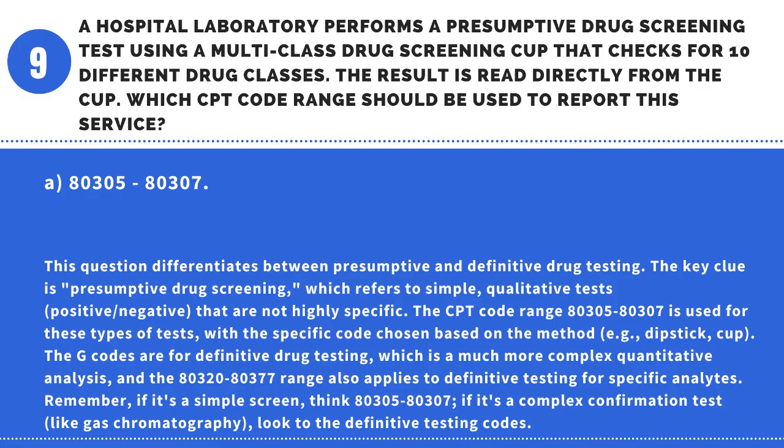The G codes are for definitive drug testing, which is a much more complex quantitative analysis, and the 80320 to 80377 range also applies to definitive testing for specific analytes. Remember, if it's a simple screen, think 80305 to 80307. If it's a complex confirmation test, like gas chromatography, look to the definitive testing codes.